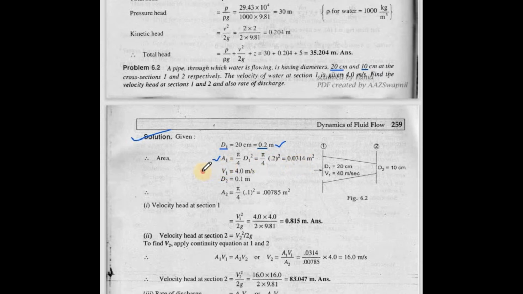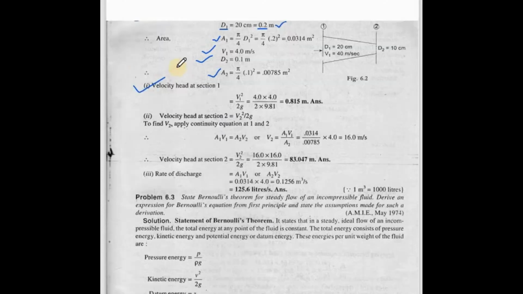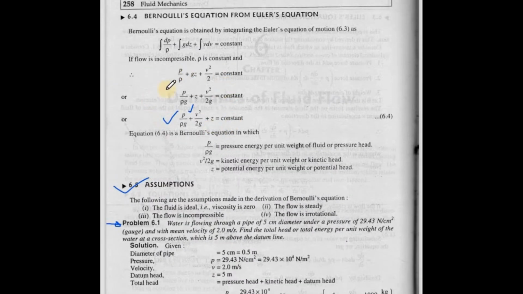We also have v1, the velocity at the first section, as 4 meter per second. At the second section the diameter is 10 centimeter, and from this diameter we can easily calculate the area, so pi by 4 into d2 square will give the area.